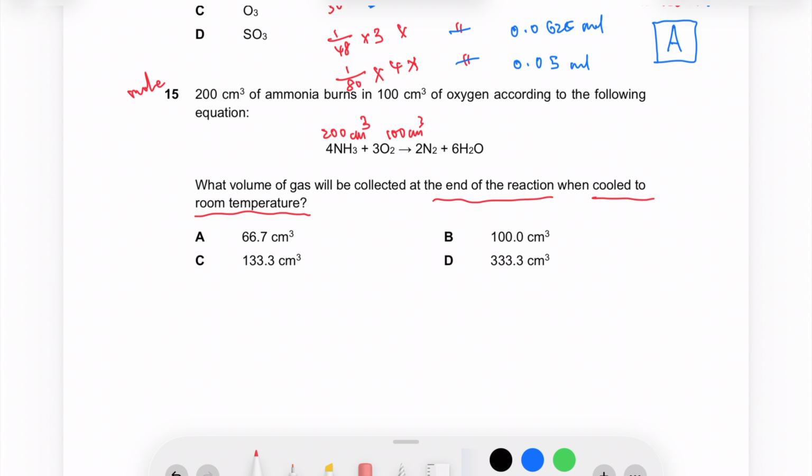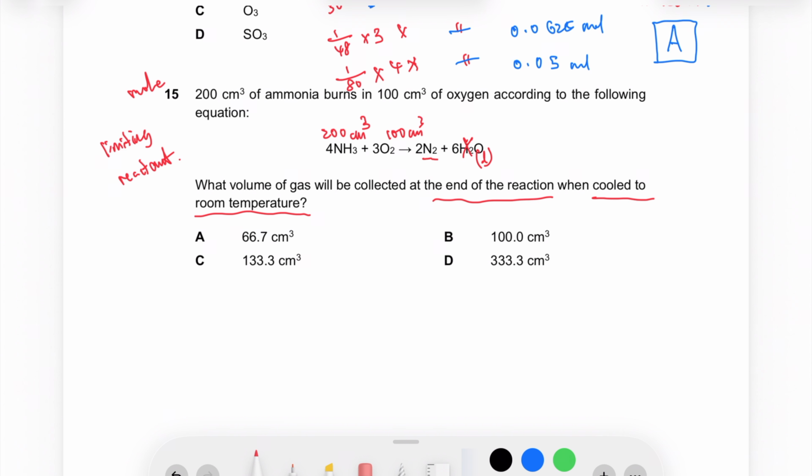So when cool to room temperature, one thing to take note is what? H2O will be in a liquid state. So you do not involve H2O. Okay, so basically you're looking for this, and see if any excess reactants. Okay, so this one is actually a mole and it's limiting reactant.